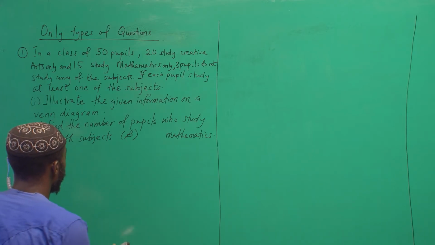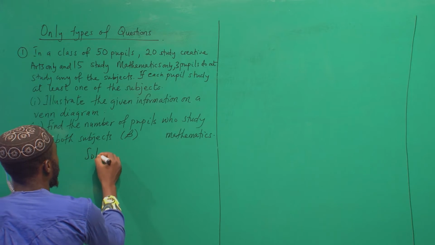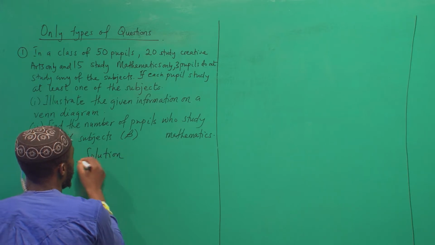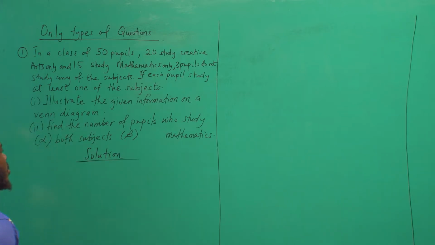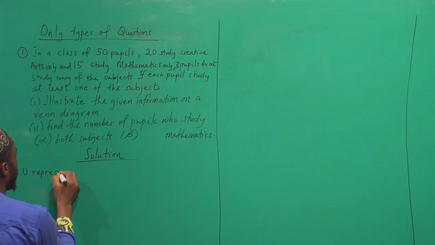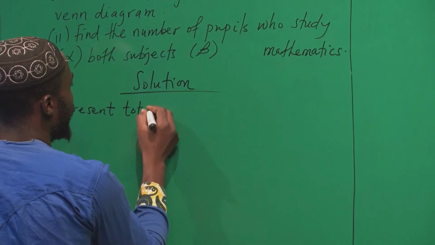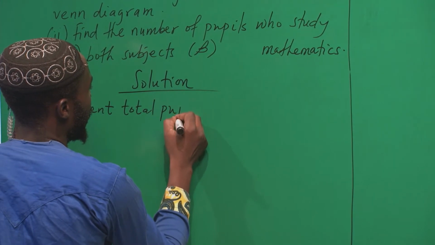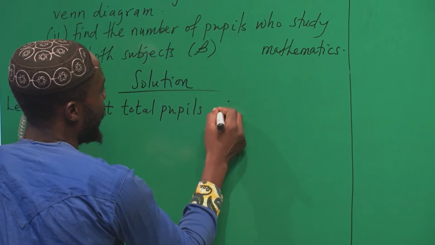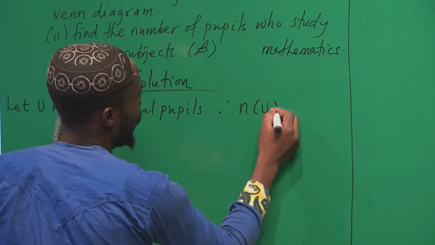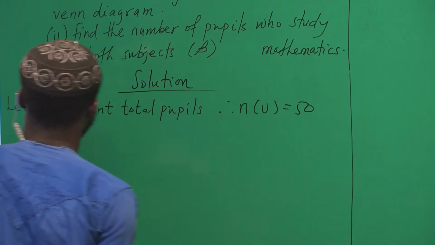Now, as I said, it's the same thing as the raw type of question. Before you solve, you should put them into set notations. So you write, let U represent the total number of pupils in the class, total pupils. Therefore, N of U is what? 50.